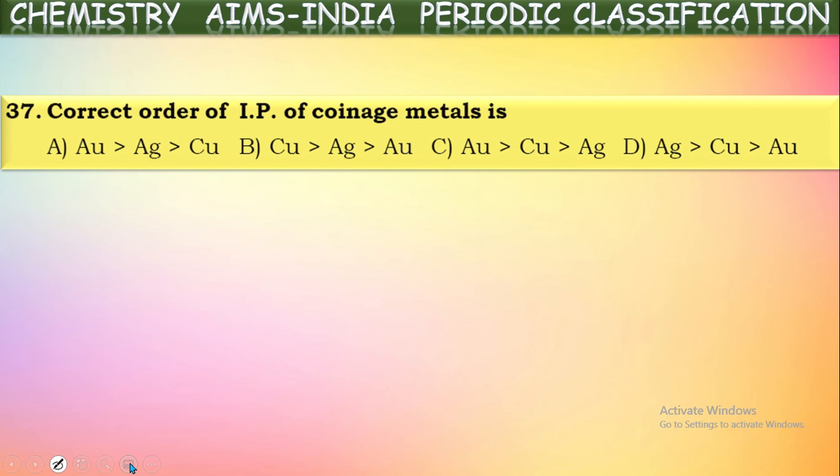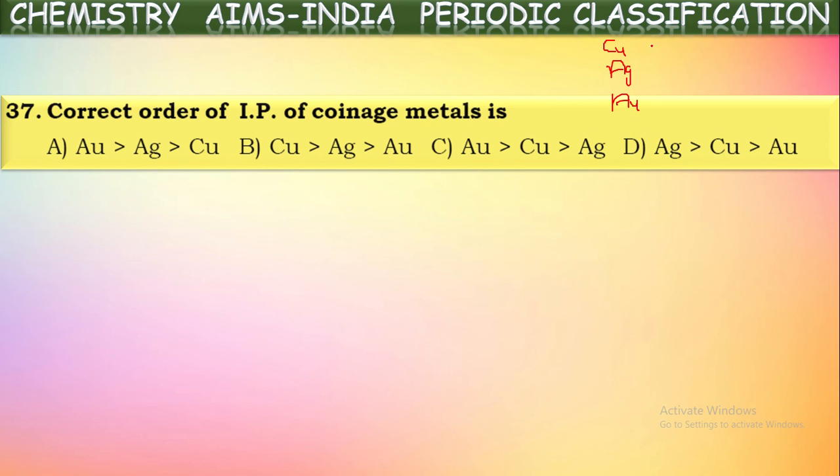They all belong to the same group, the 1B group. We know in a group from top to bottom atomic size increases as one shell is added element to element. So as size increases, ionization potential decreases. So the elements in the 1B group are, first copper, then silver, and at last gold.